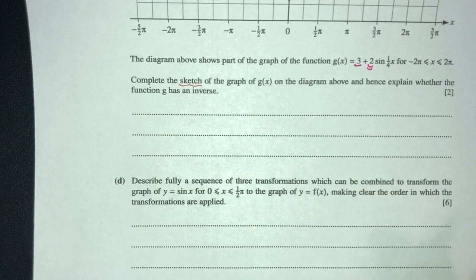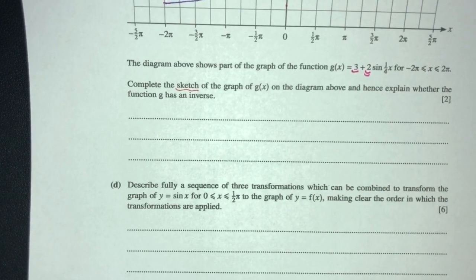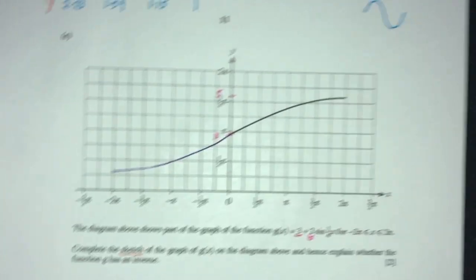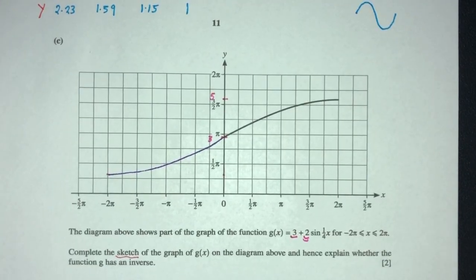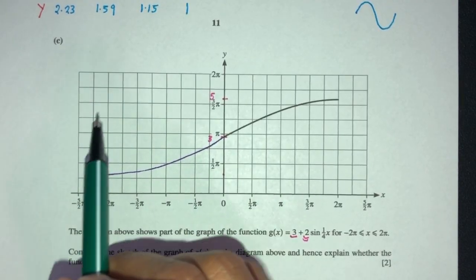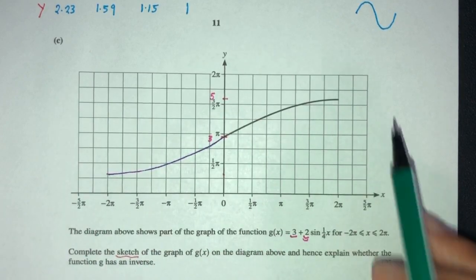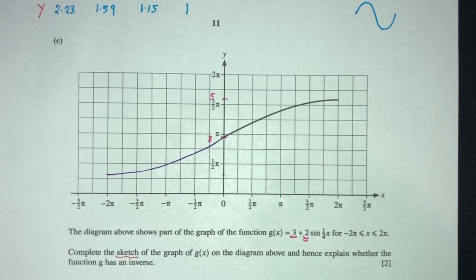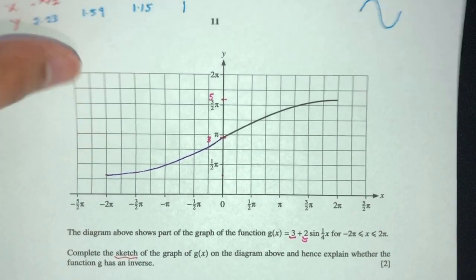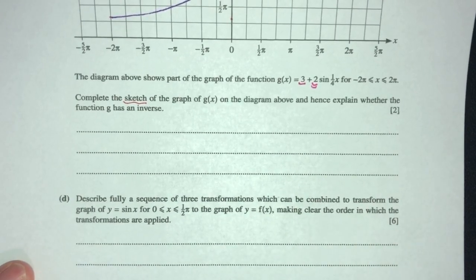Now for this question, explain if it has an inverse or not. The answer is yes, because we have seen this before, I think in AdMath, we use the horizontal line test. For example, if you were to draw a horizontal line here, here, here, or here, it will have only one point of intersection. Because of that, it is called a one-to-one function, and hence we confirm it has an inverse. So here you go.